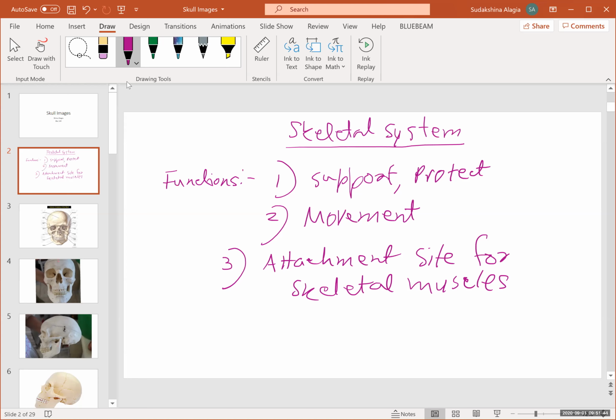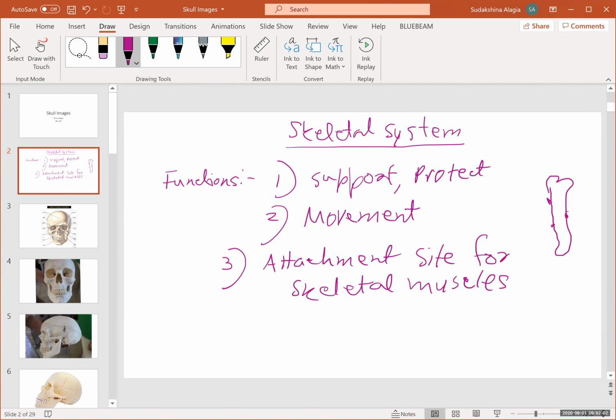So basically the way it works, bones have different types of markings, as you will learn today. Sometimes we are calling them process, sometimes tubercle, tuberosity, process, fossa. We are learning these names.